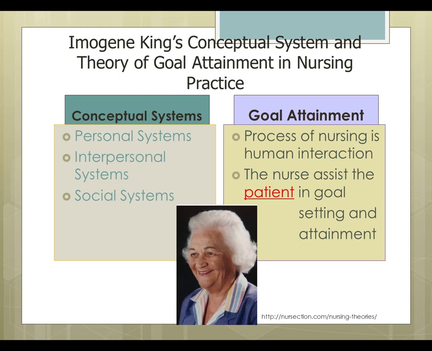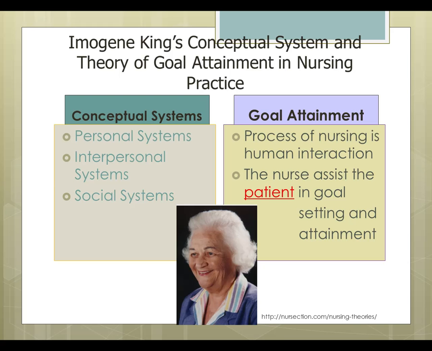So in the conceptual systems, there are personal systems, which are personal to the individual patient. There are interpersonal systems, which are the people that the patient interacts with on a regular basis, small groups, one-on-one, and then the social systems, which are the larger community systems.